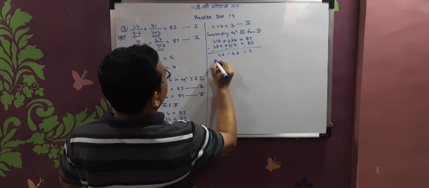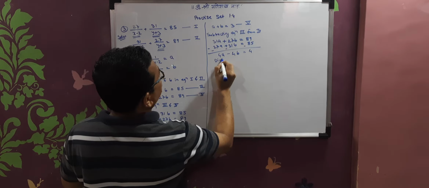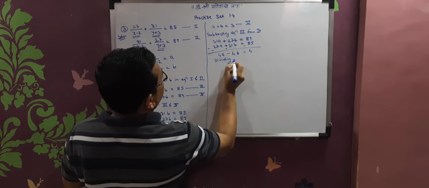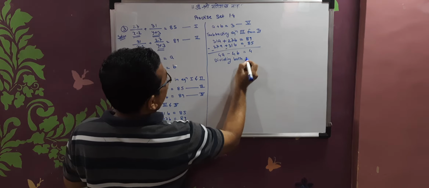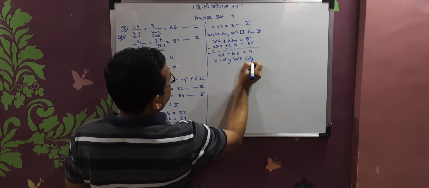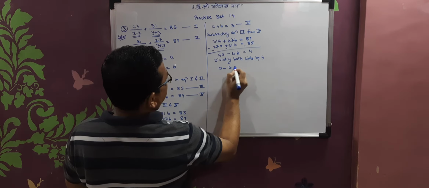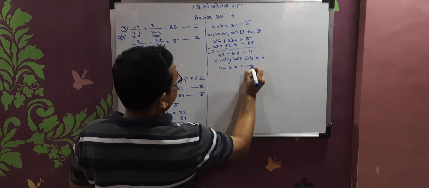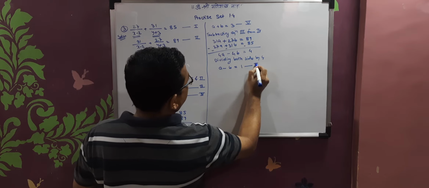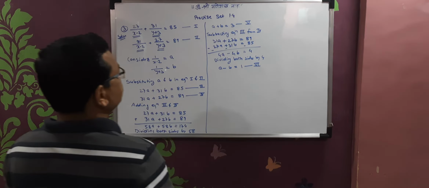Now dividing both sides by 4, the answer will become a minus b is equal to 1. This is equation number 6.